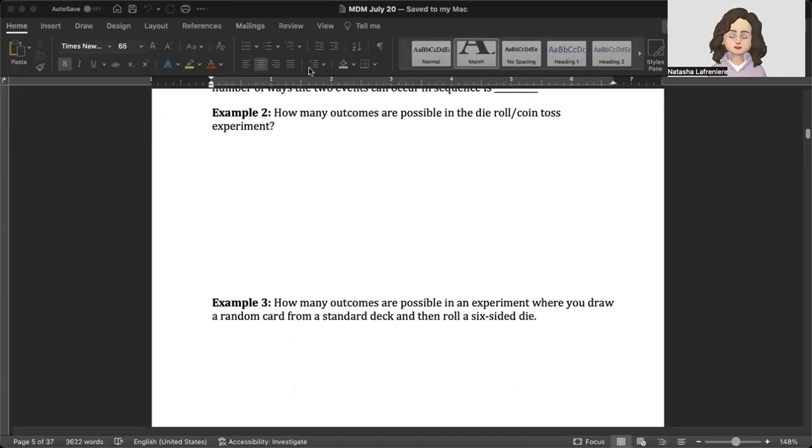Okay, so example 2, how many outcomes are possible in the die roll coin toss experiment? Okay, so we are looking at n. So how many times we can roll the die and coin toss is going to be the number of times you can roll the die times the number of possibilities for the coin toss.